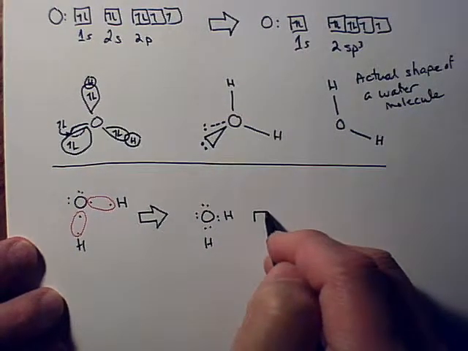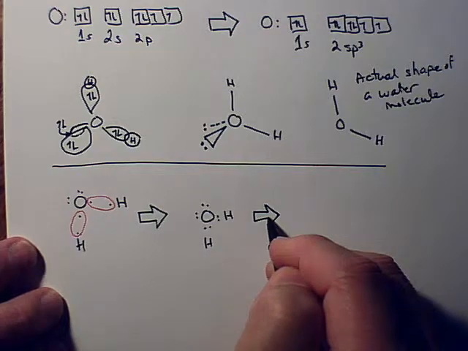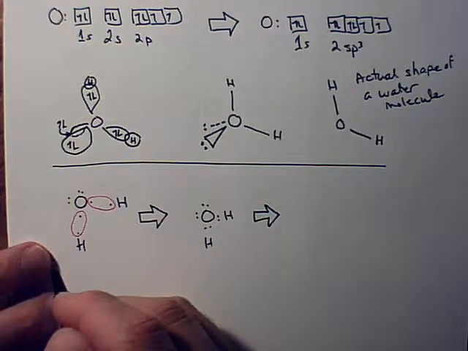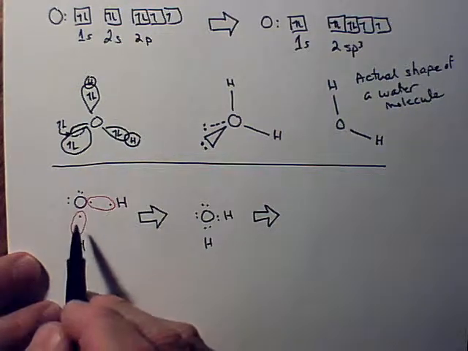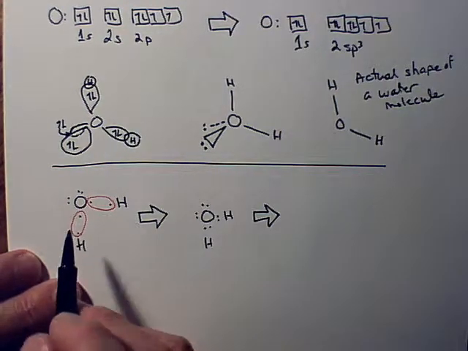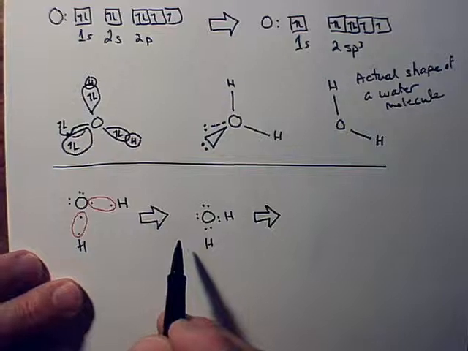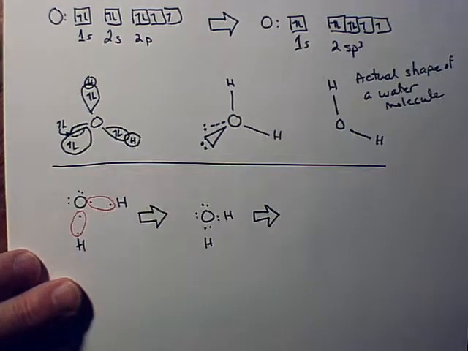Then from the Lewis dot formula, we're going to do what's called an electron pair shape. So we went from electron dot formula to sharing arrangement to Lewis dot formula, and now we're going to the electron pair shape.